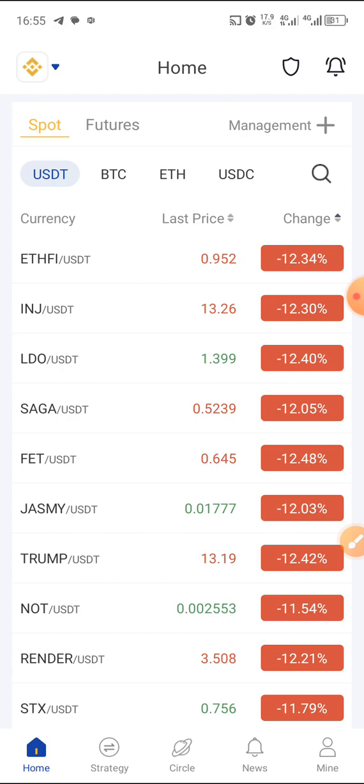So, what coins do you want to trade? I told you while we were starting, one of the requirements you will need is CoinMarketCap or CoinGecko, because it will show you the categories of these tokens or coins.